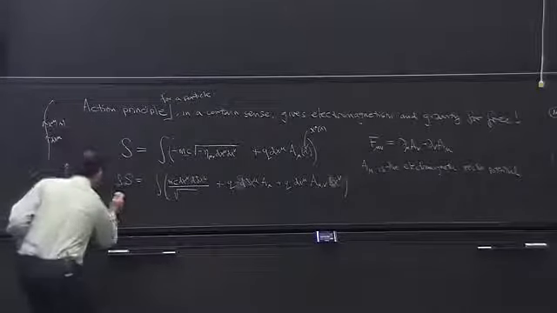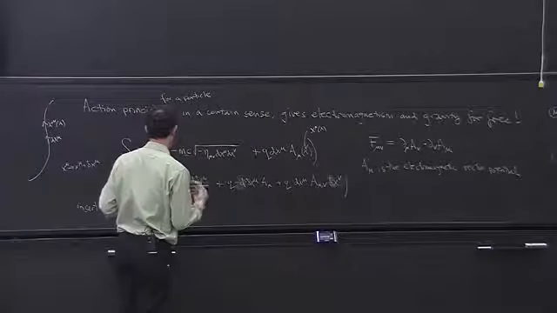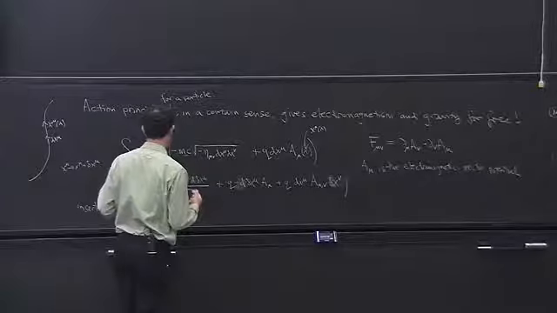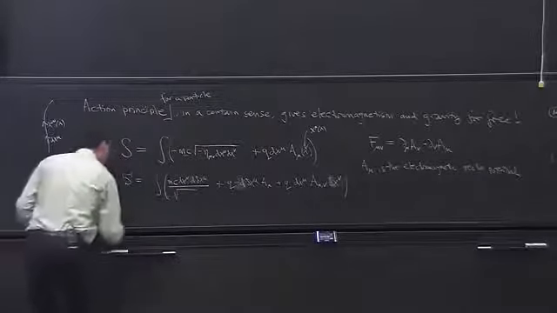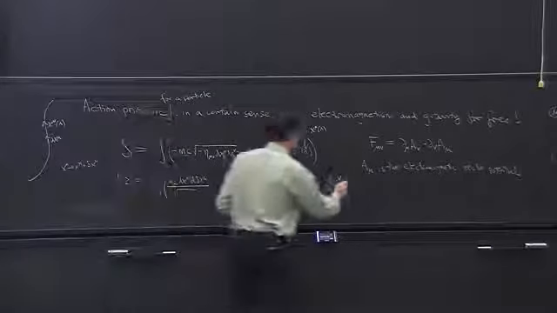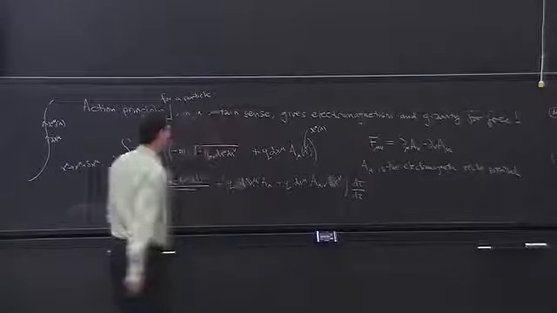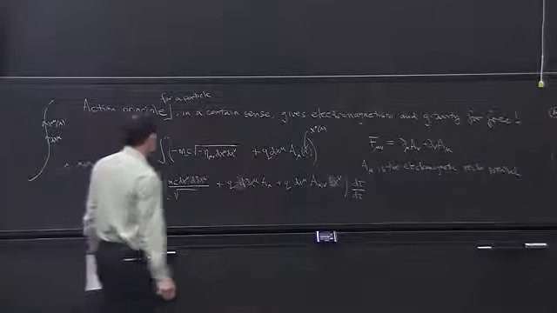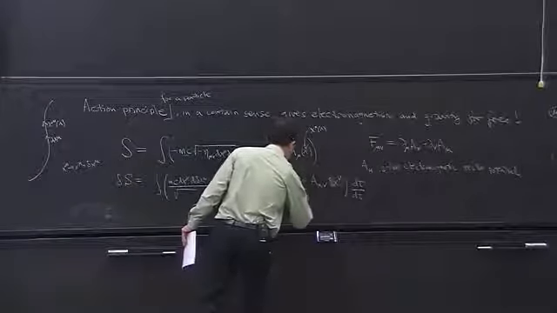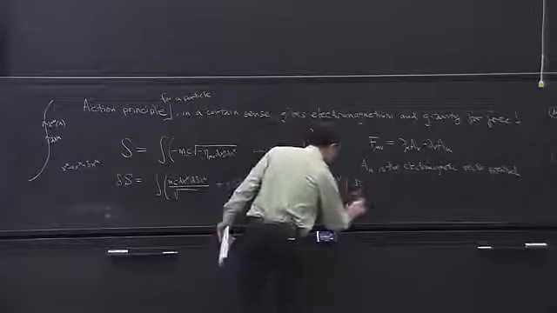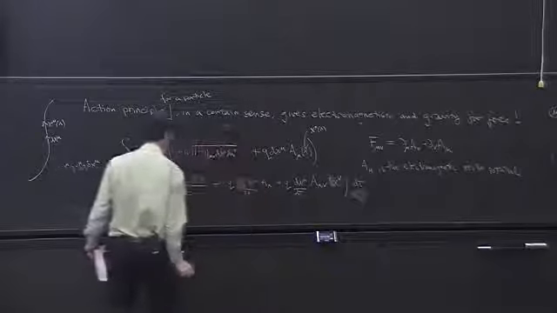Yeah, so let me do it this way. Insert this factor. Actually, just use this fact. So multiply this by d tau and divide by d tau. Okay? So what's the point of that? Well, this is now dx mu d tau. I'll leave that d tau outside. This is now d delta x mu by d tau.